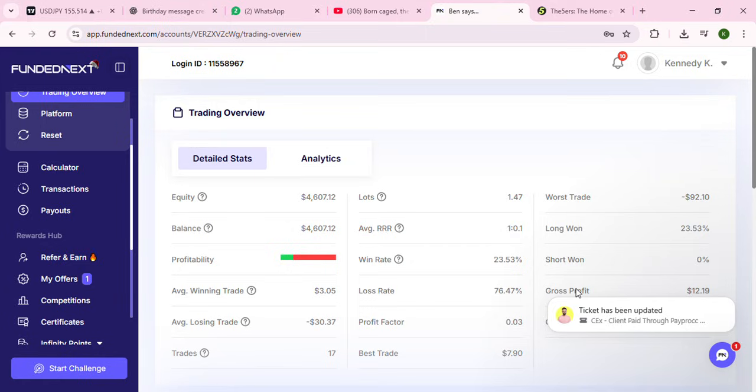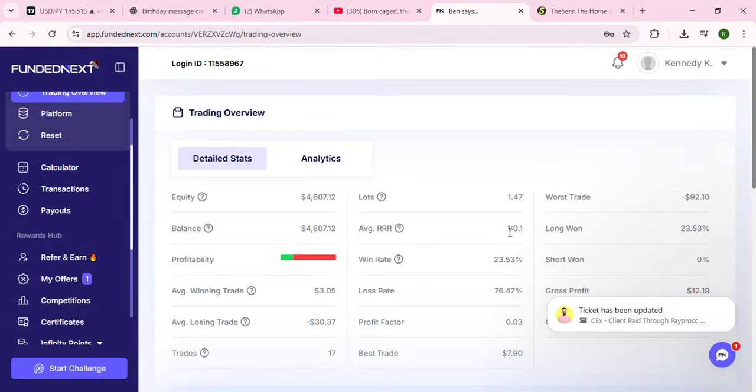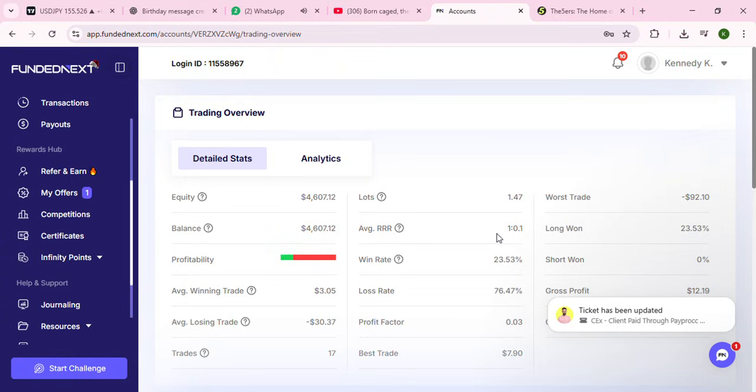Sorry. Gross profit $12. Winning rate 23.53. You can see my average risk to reward ratio was less than even 0.2. It was at 1:0.1. So you can see how things were in this case.